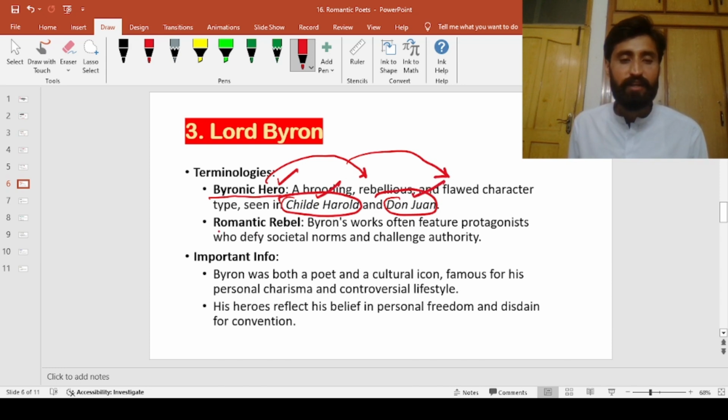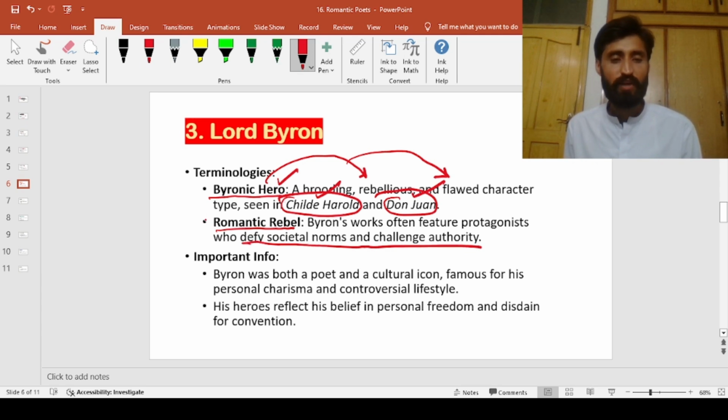And romantic rebel, this is another thing we need to know. Byron's works often feature protagonists who defy societal norms and challenge authority. So his heroes are challenging the authority, defying societal norms, right?